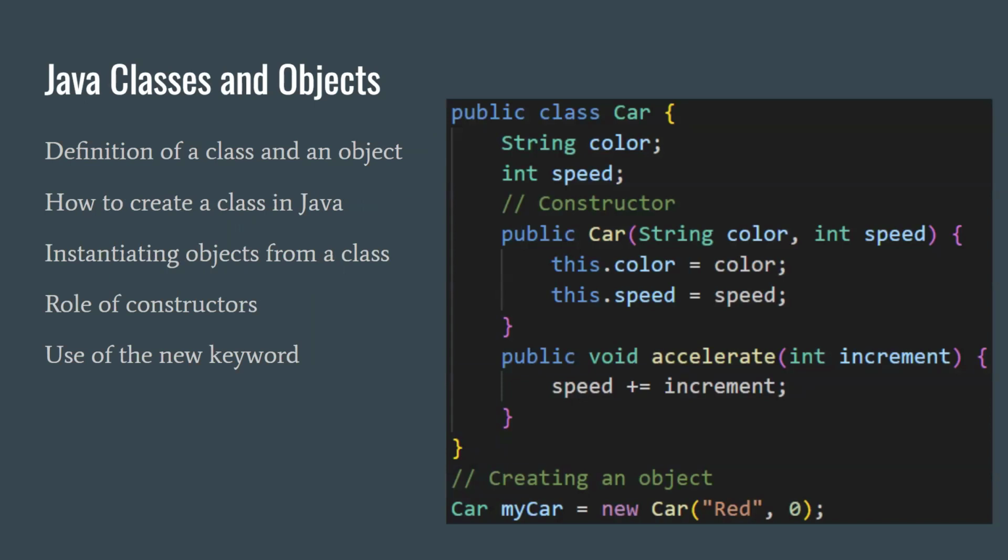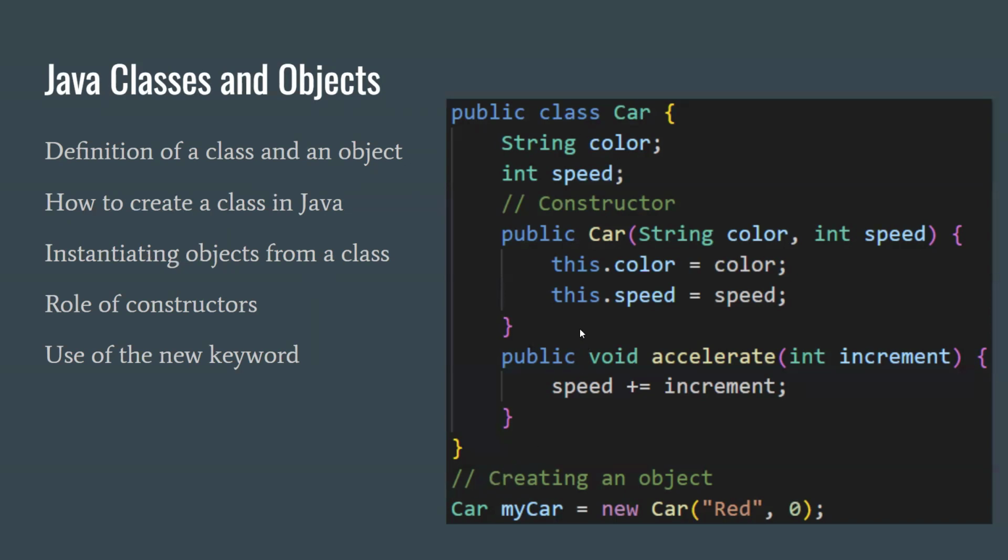Java classes and objects. So in Java, the foundation of OOP is the class. What is a class? A class is a blueprint for creating objects, and objects are instances of classes and can hold both state and behavior. So, for example, let's consider a car class.